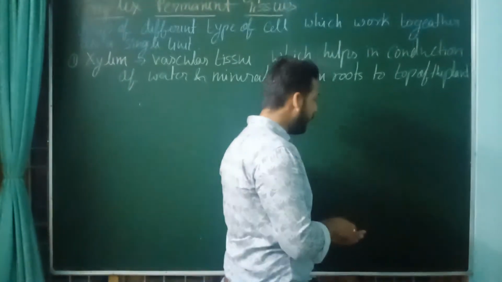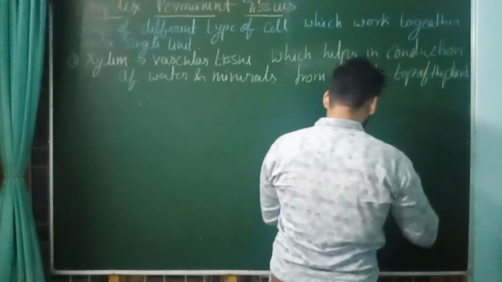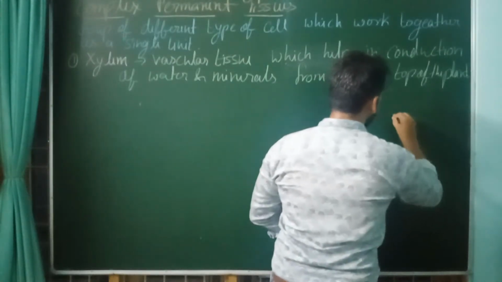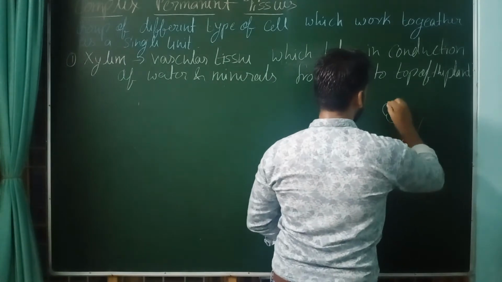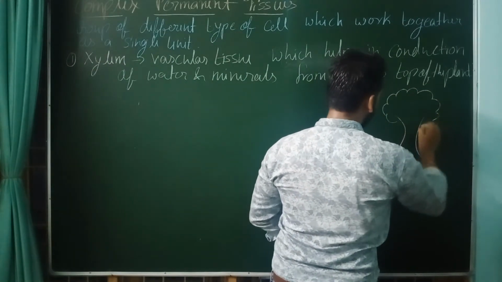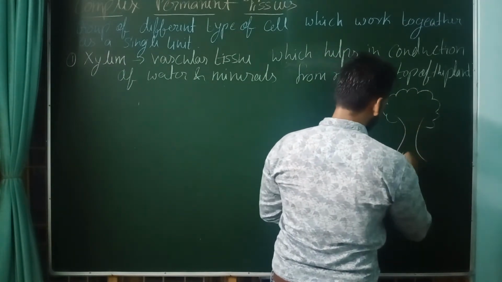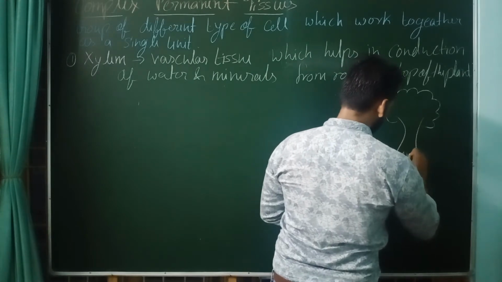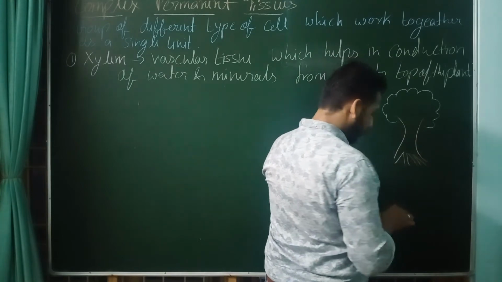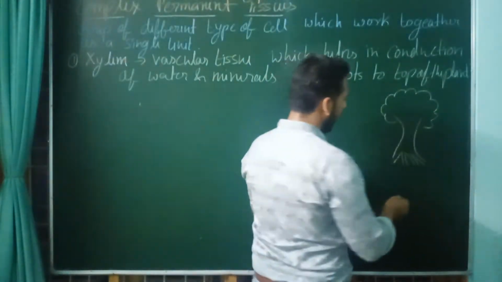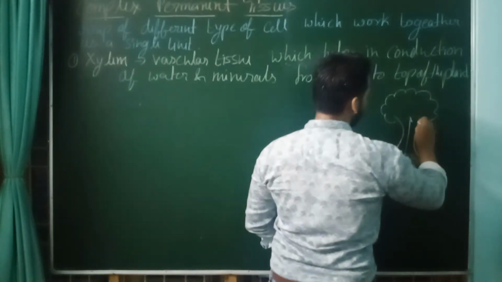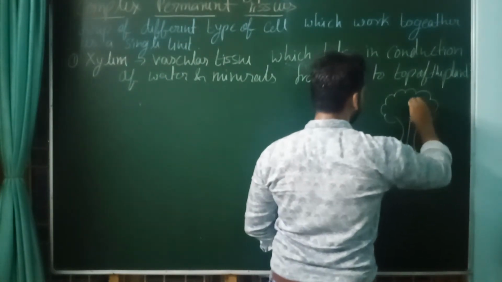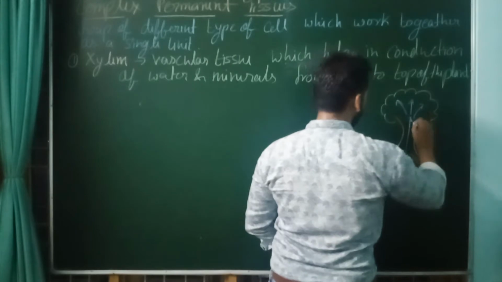So we can say it is unidirectional. This is the tree, here it has its roots. The roots absorb water and minerals, which go upwards and branch in different directions.